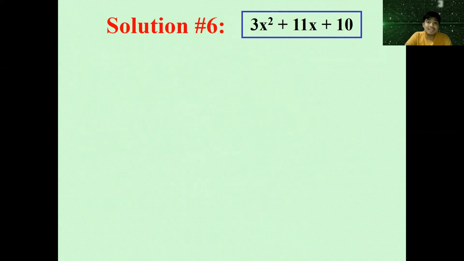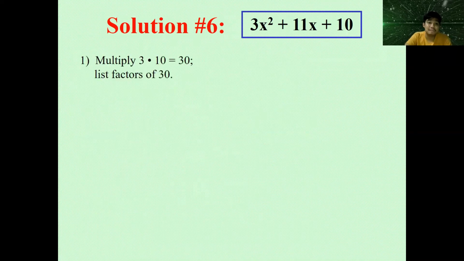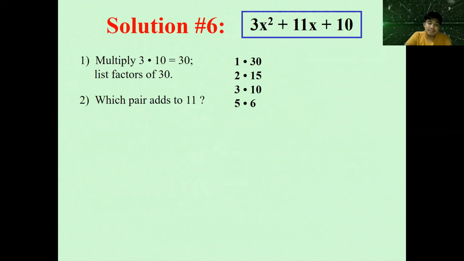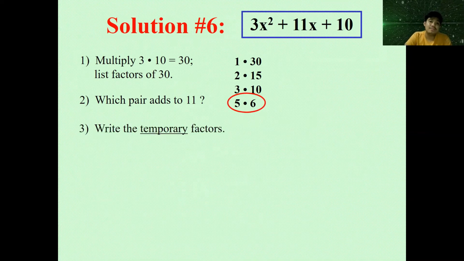So for number 6, 3x squared plus 11x plus 10. We are going to multiply 3 and 10 is equal to 30, and then list down natin lahat ng mga factors ng 30, which is 1 and 30, 2 and 15, 3 and 10, and 5 and 6. Which pair adds to 11? So ano yung pares dyan na pag pinag-add natin, ang sagot is 11? So we have 5 and 6. So we are going to write the temporary factors. We have x plus 5 times x plus 6, and then we are going to write the denominator for the constants.